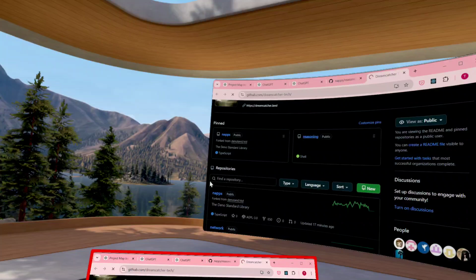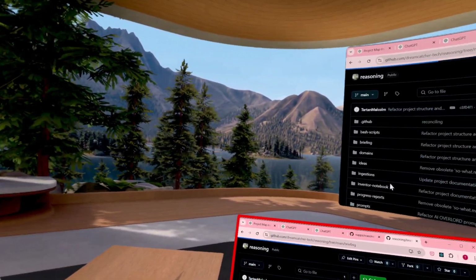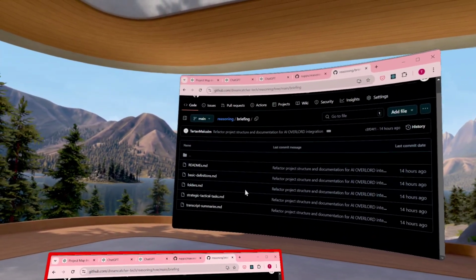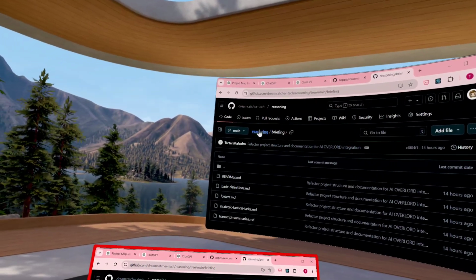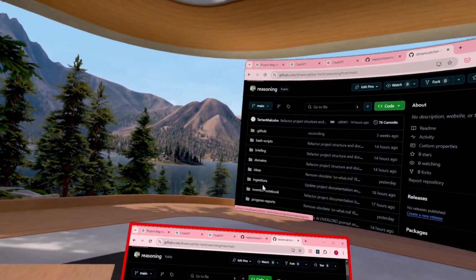It's this one here, right? Yep. And then if you go to briefing, there you go. Actually, no, that's the input. If you go to prompts, AI Overlord, that would be more helpful, more succinct.